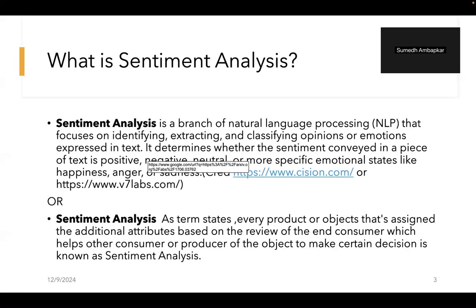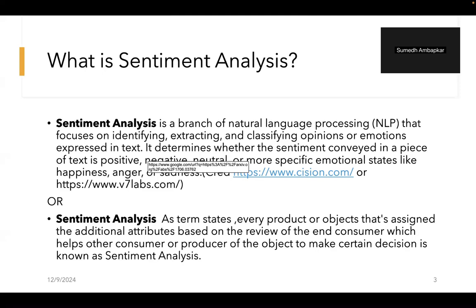Similarly, for every movie you are seeing on Netflix or any other OTT platform, we of course see the review of that movie, right? And what the contents of the movie are, and based on that we choose that movie to watch and invest our time, I would say. So each of the movies or each of the products has sentiments like positive, negative, or it can be a neutral sentiment as well.